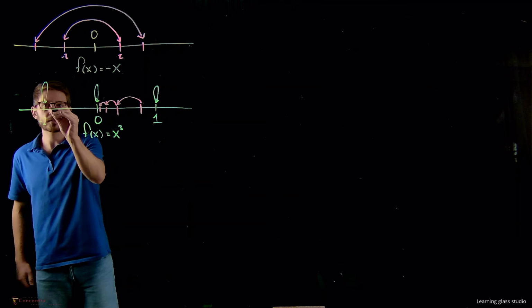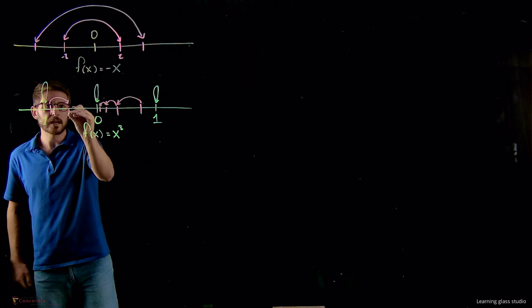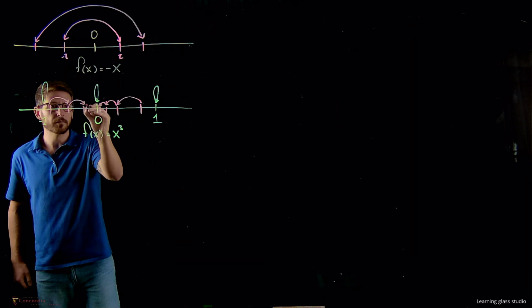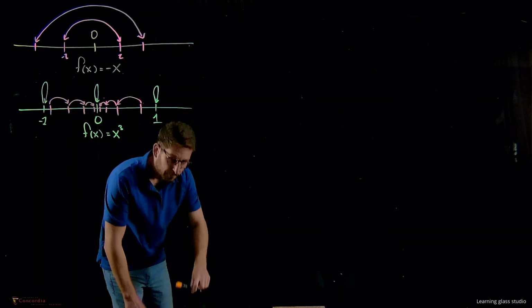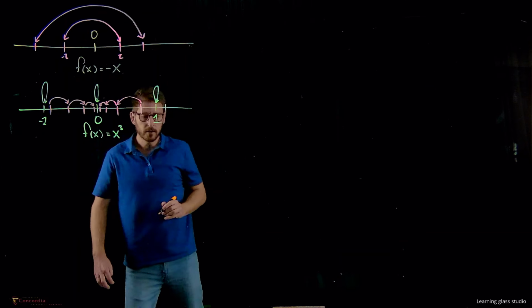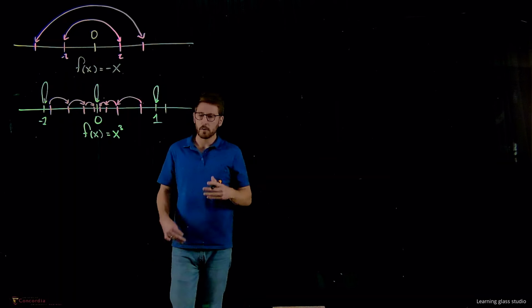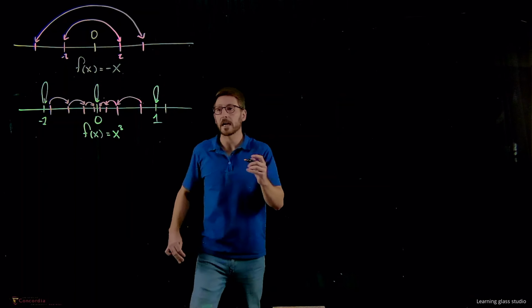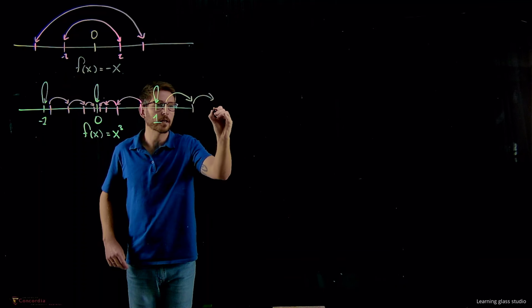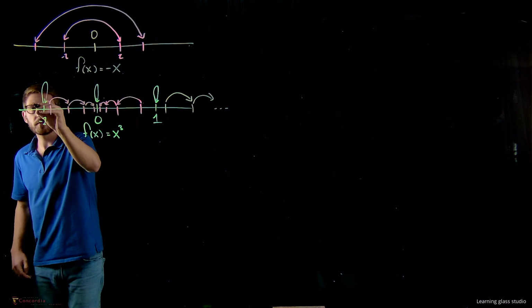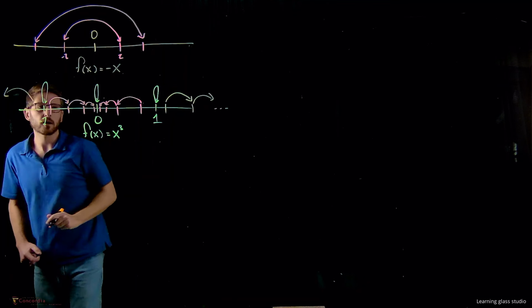Same thing if you started over here: it stays negative and jumps into 0. While if you start with a number bigger than 1, so imagine 2, you cube that, it becomes 8. It goes way bigger, and then it just keeps hopping away. Same thing with minus 1, it hops away.